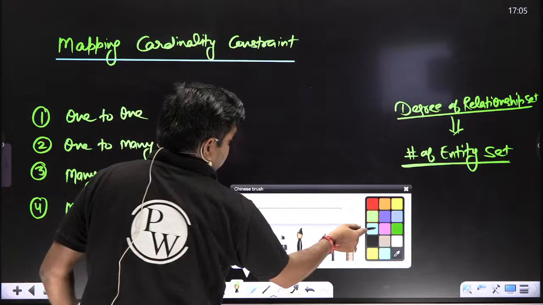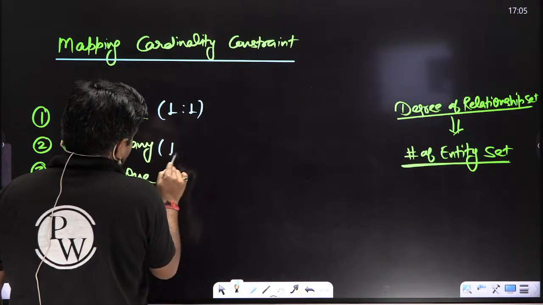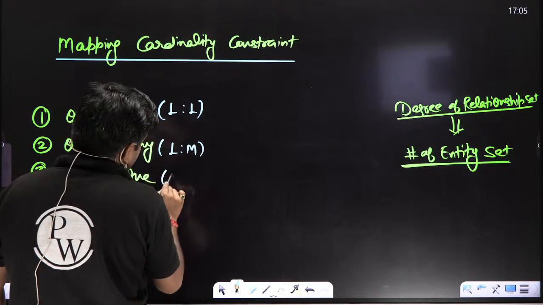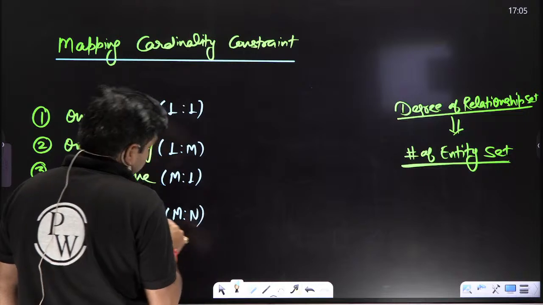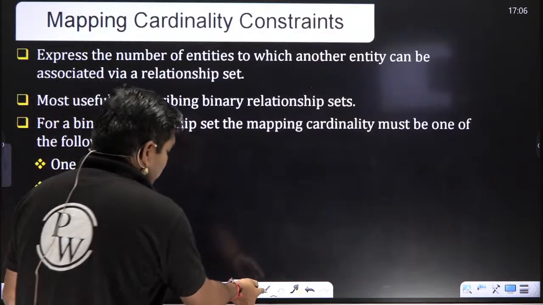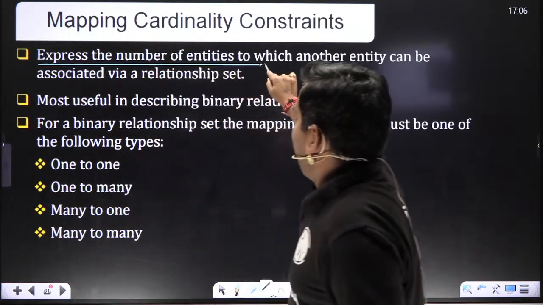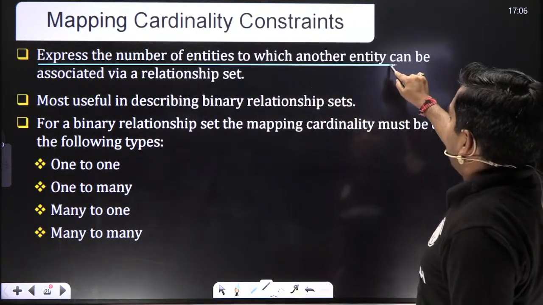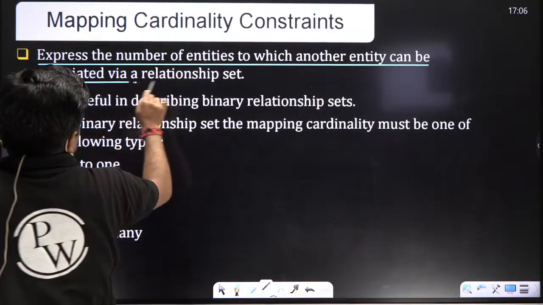So there are various types: 1 to 1, 1 to many, many to 1, many to many. So what I told, child, is that it expresses the number of entities to which another entity can be associated via a relationship set.